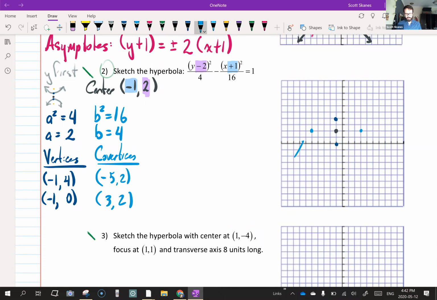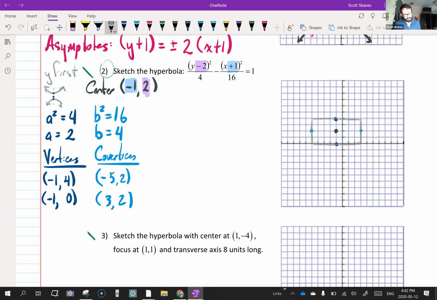I don't like to write this up on the graph here because I find that it makes the graph way too busy. Like there's too much going on. I'm going to draw the box. Box time, drawing a box.